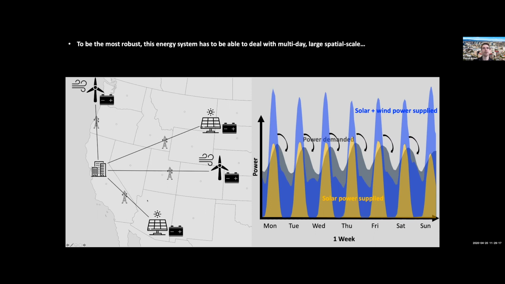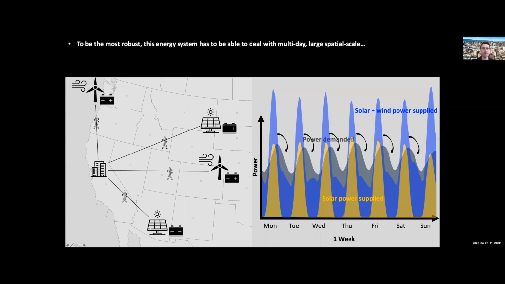And so that's an additional constraint, is you have to think about where to put all of these wind and solar farms so that they don't have a time period where they're experiencing low wind and low sun at the same time.